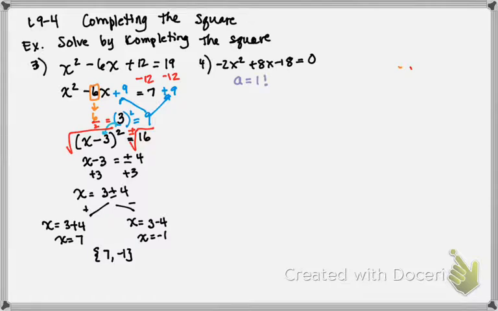All right? If the a doesn't equal 1, then I cannot do completing the square. Okay? Just telling you. So the problem is sometimes I'm going to create some fractions. Okay? So you're going to divide everything by the quadratic coefficient.